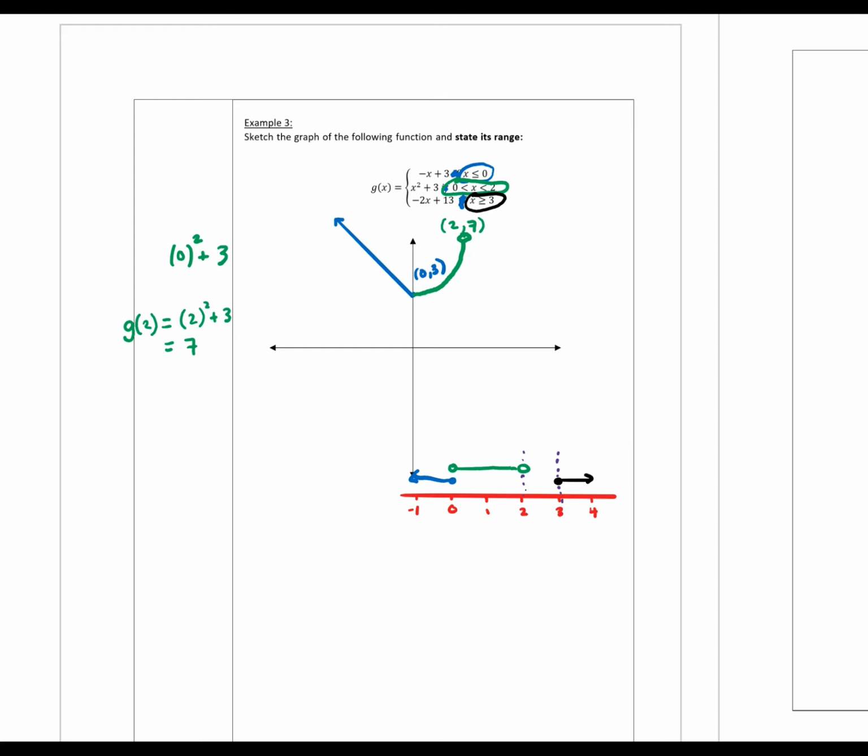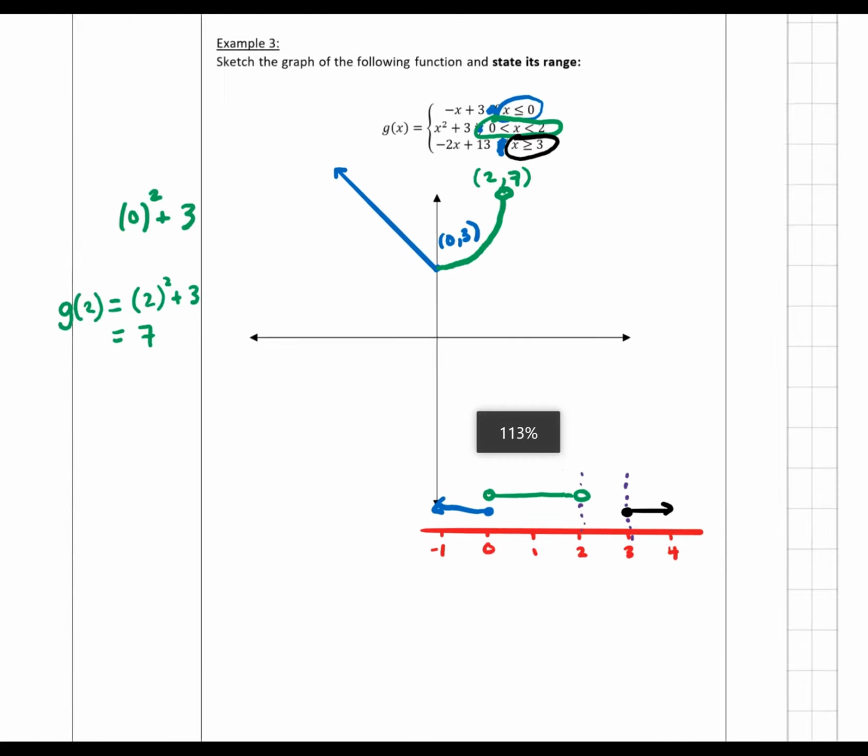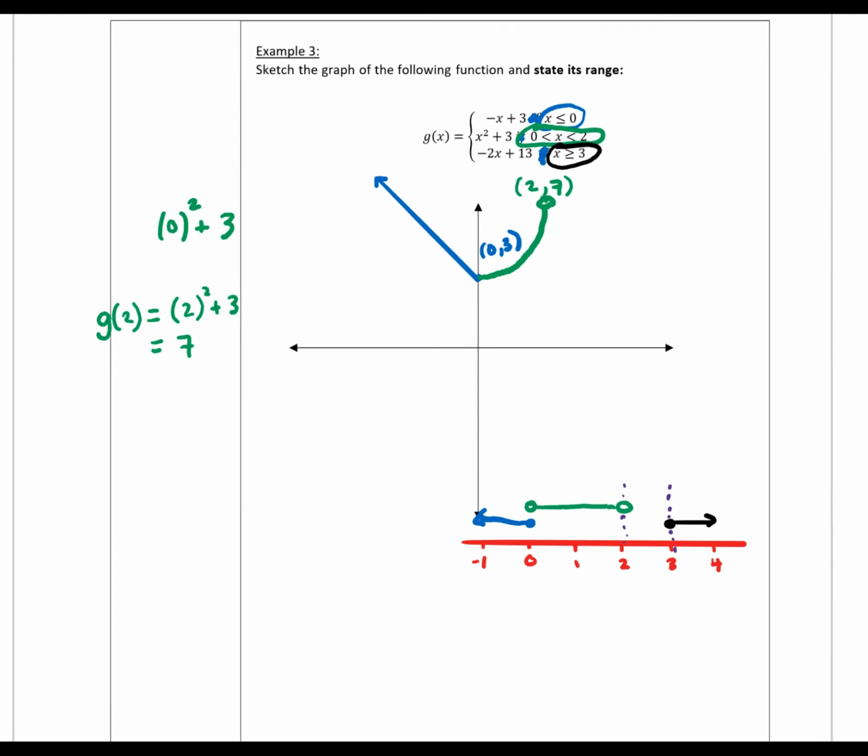Lastly, I've got -2x plus 13. So I'll just make that a little bit bigger. -2x plus 13, that starts at the value x equals 3. So if I think what would g of 3 be? Well, -2 times 3 plus 13 is -6 plus 13, which is 7.